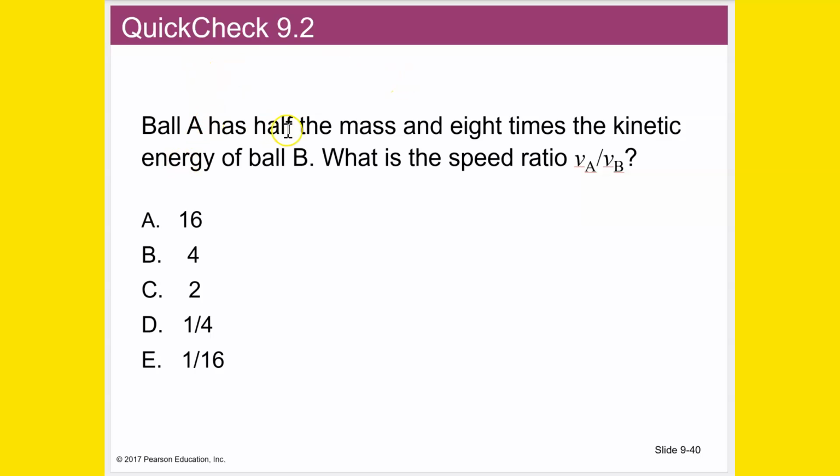Quick check 9.2. Ball A has half the mass and 8 times the kinetic energy of ball B. So then what must be the speed ratio VA to VB? All right, that's going to be doing a little bit of math here.